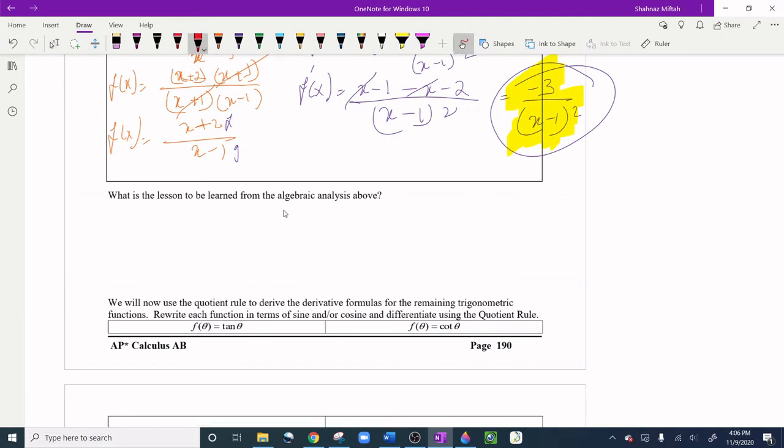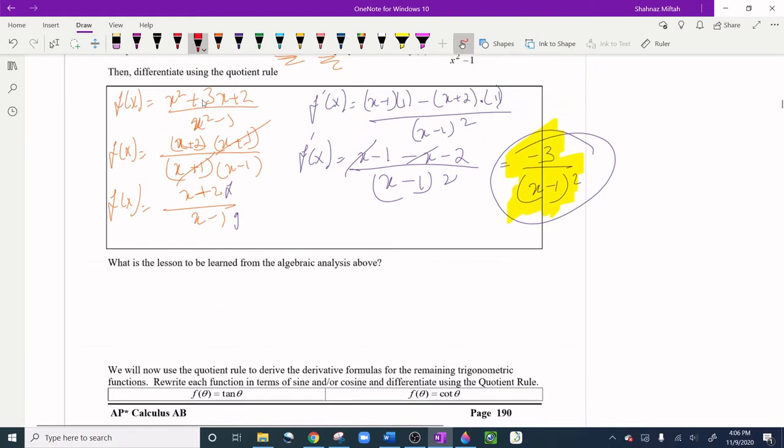Now, what is the lesson to be learned from this algebraic analysis? Simplifying and factoring first and then taking a derivative. So the best thing is to do that. What lesson did we learn?